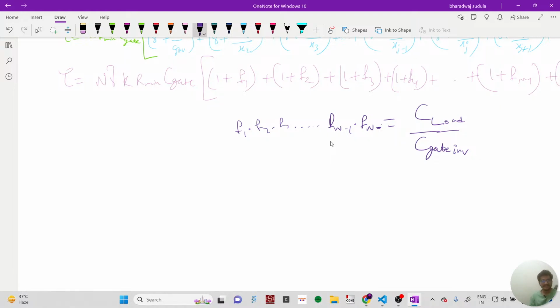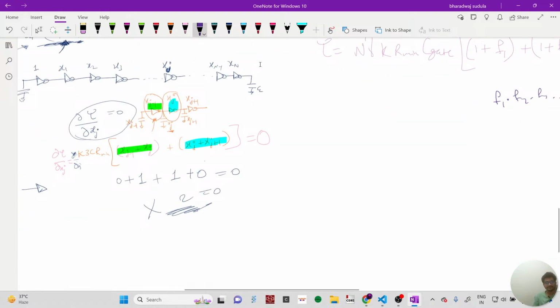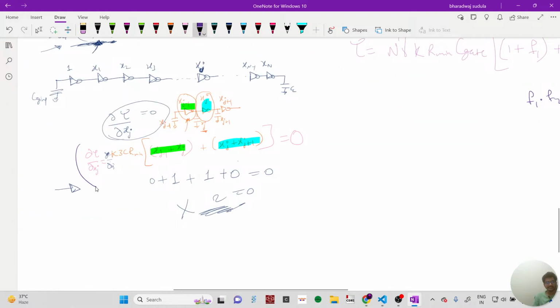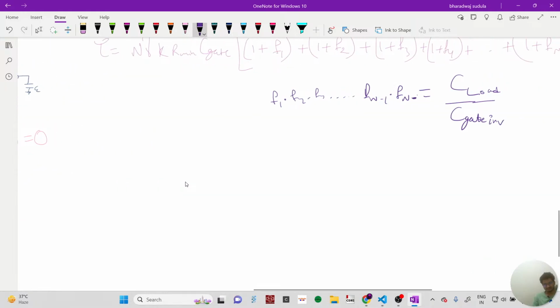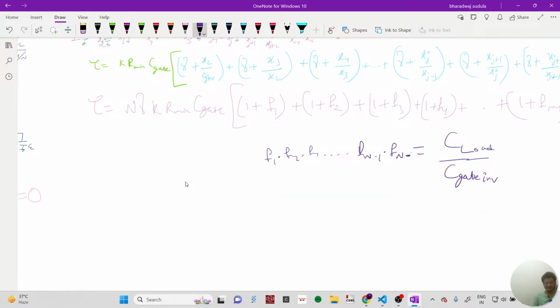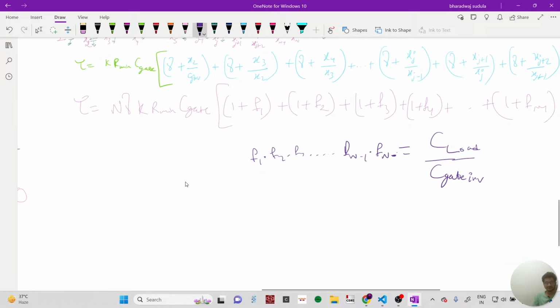Now, why did we do all this? Because if I differentiate tau with some variable, I didn't get anything. Now we'll try differentiating tau. We may get some useful insights.